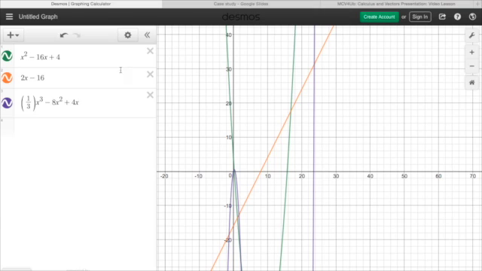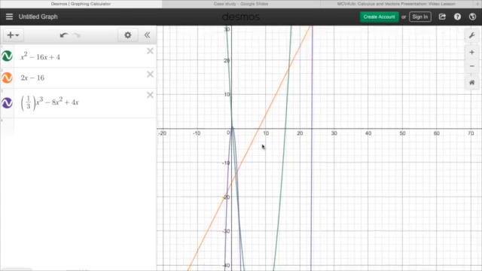The green is our velocity function, and the orange is our acceleration. As you look at the orange, acceleration is 0 at 8. So we just found what the velocity is at 8 seconds.